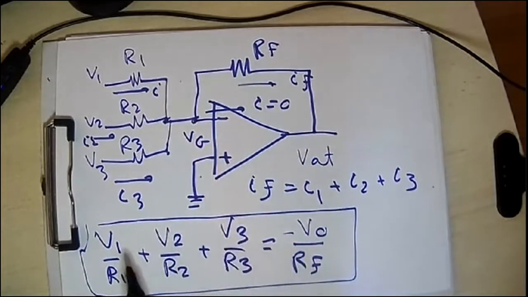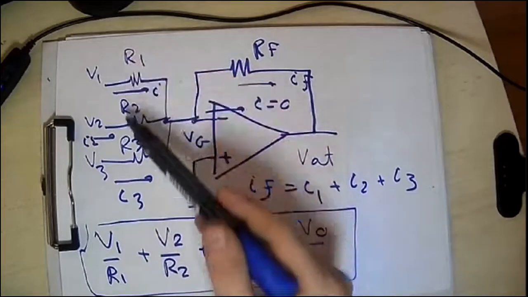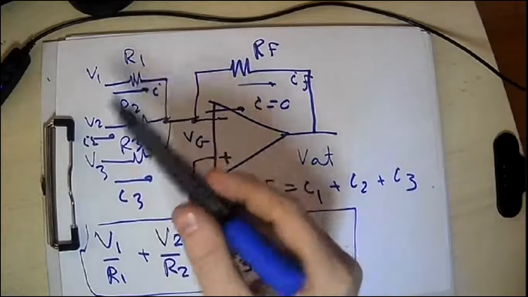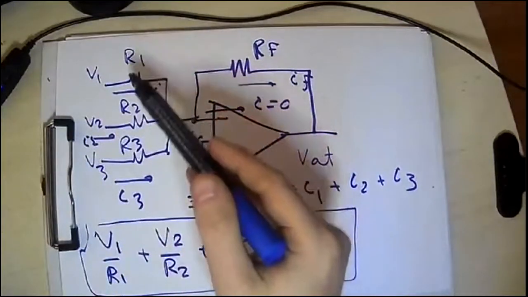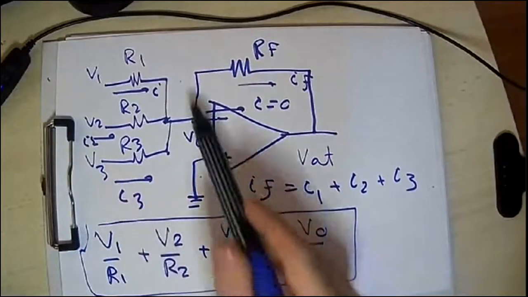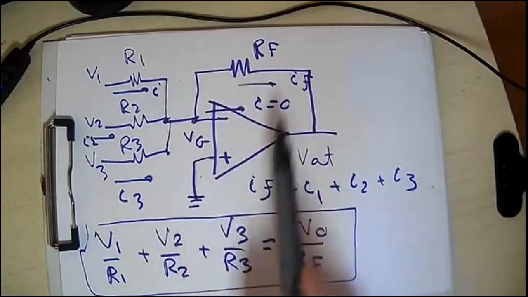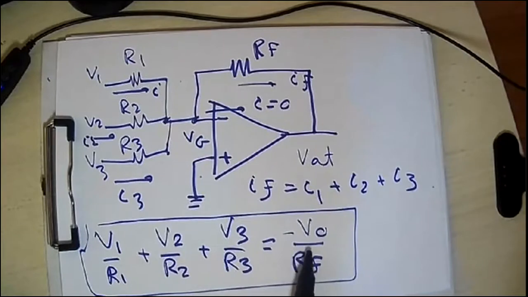That's why we call it the adding circuit or the summer configuration. We are summing the input voltages. Of course, you can add 5 inputs, 10 inputs, whatever inputs. You can add whatever signals you need, and then these signals will be automatically added and then multiplied by a negative sign.